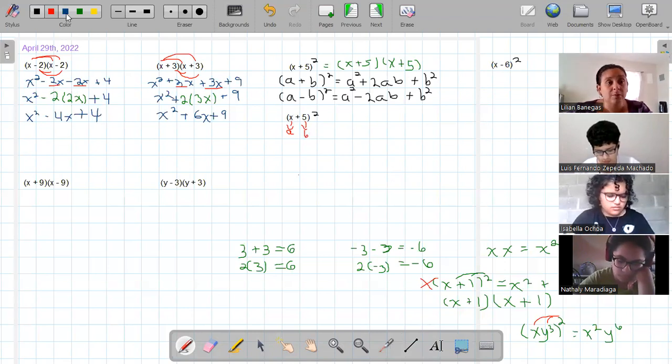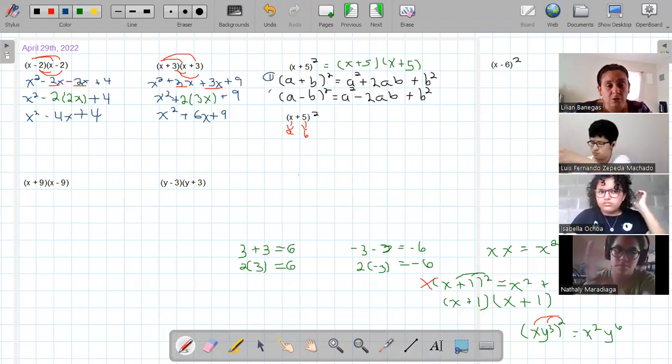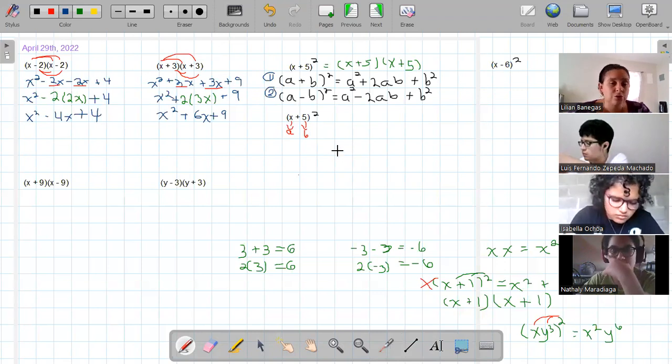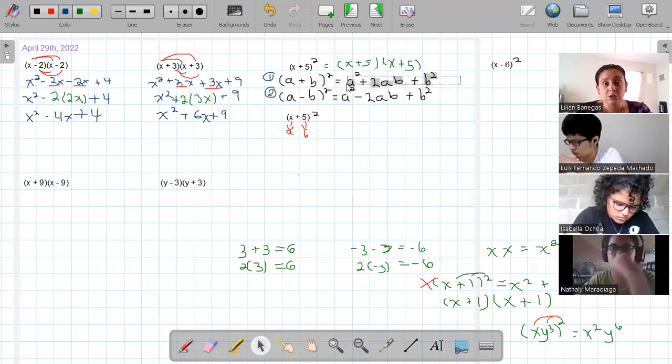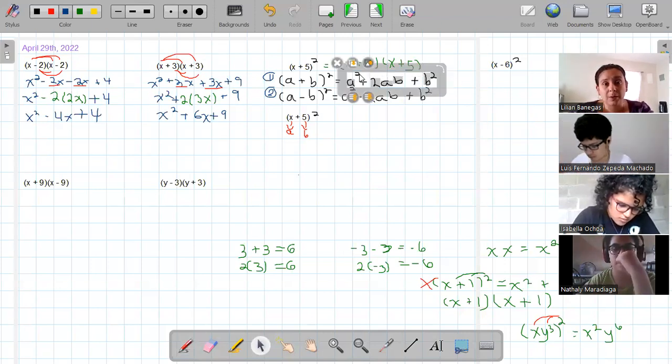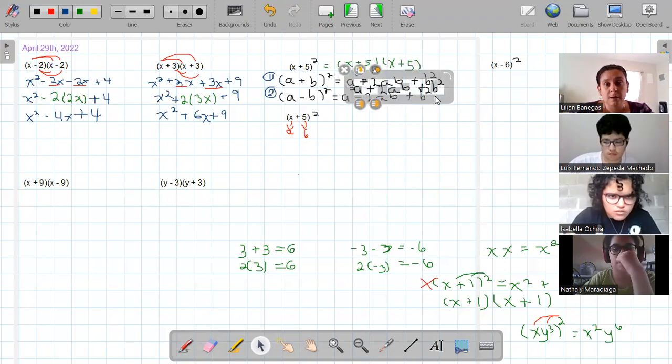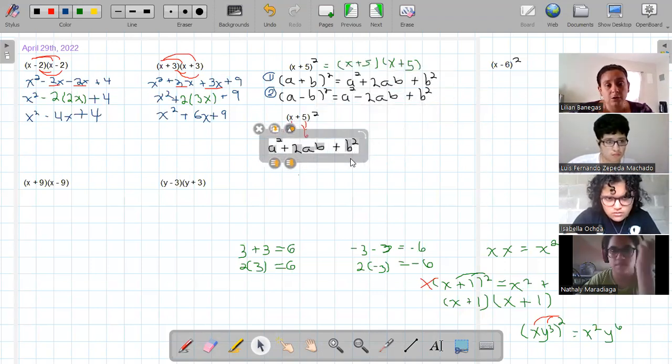Which formula should I be using? I'm going to call this formula 1, and I'm going to call this formula 2. So which formula should I be using? Formula 1. Formula 1, because it is an addition. So I'm going to copy my formula down here.